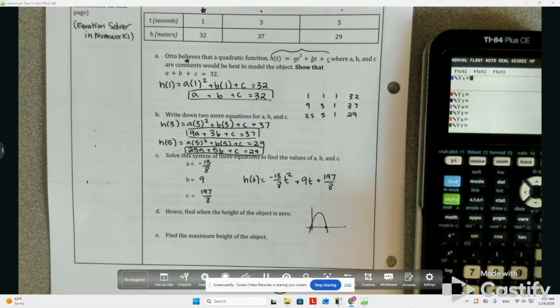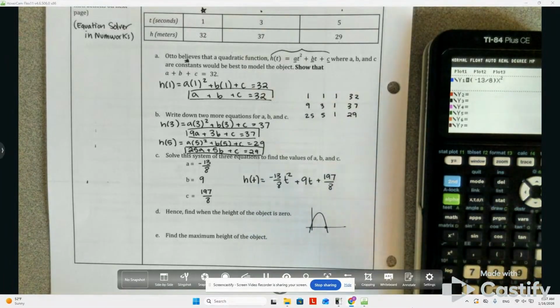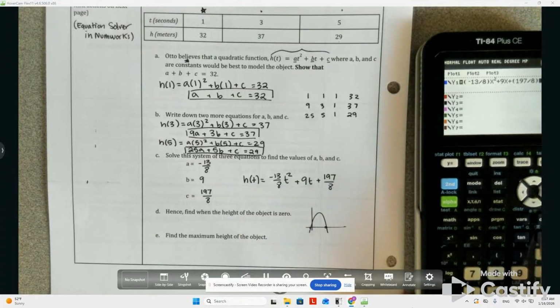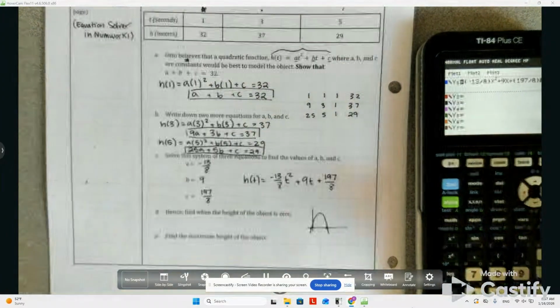We'll type in our equation, negative 13 over 8 t squared, so using x, plus 9x, plus 197 over 8. I like using parentheses around fractions just to make sure it knows it's a fraction. Numworks also just use x whenever we're graphing.